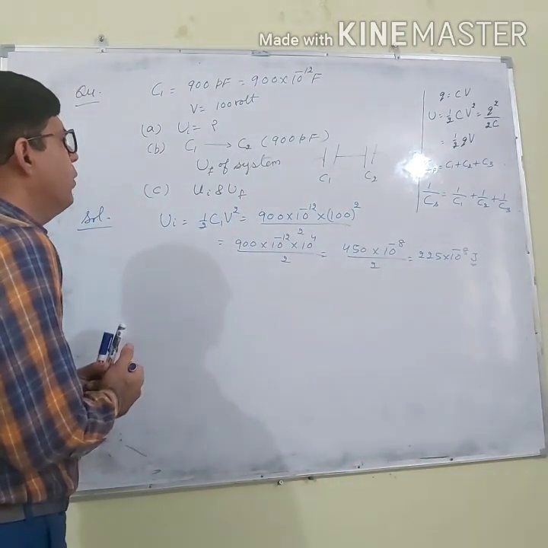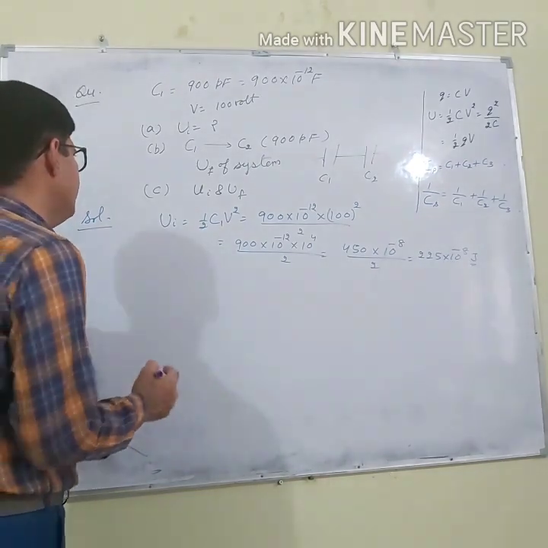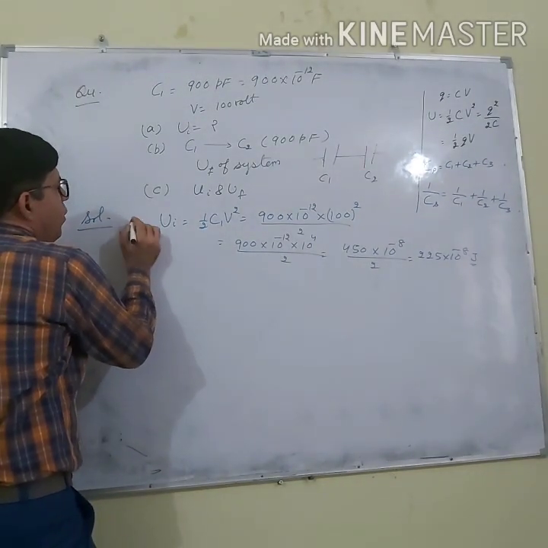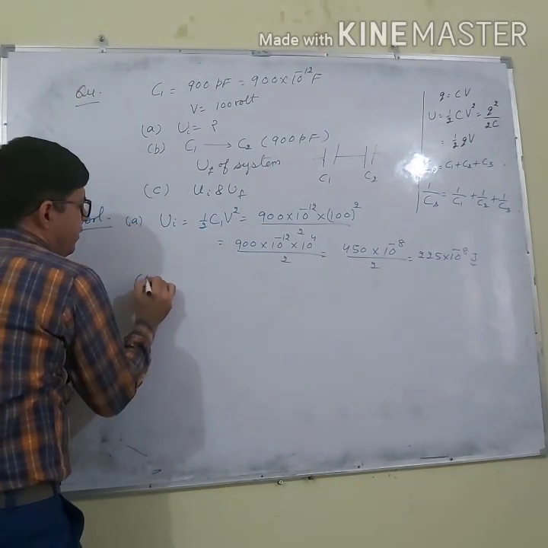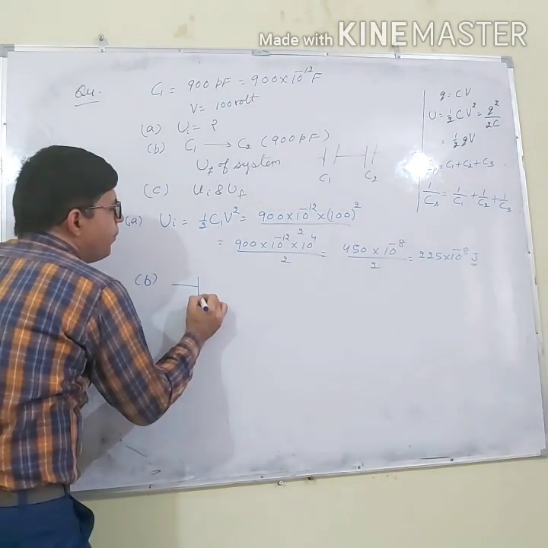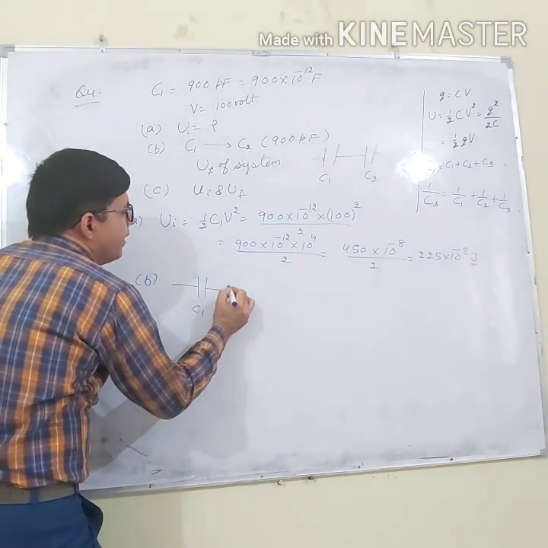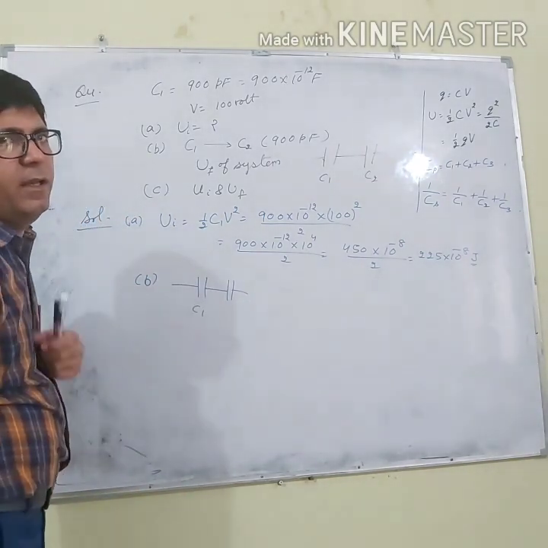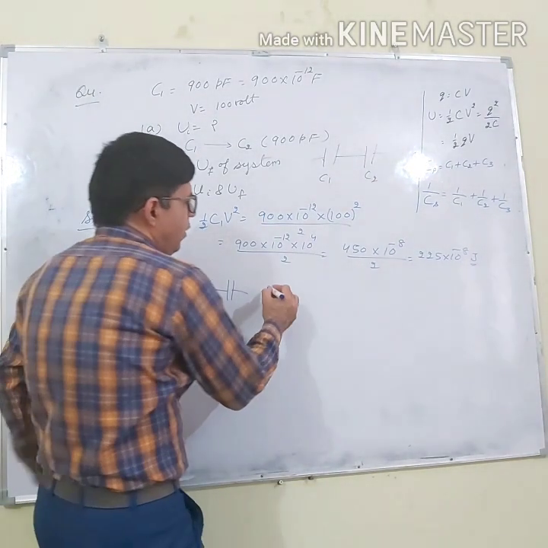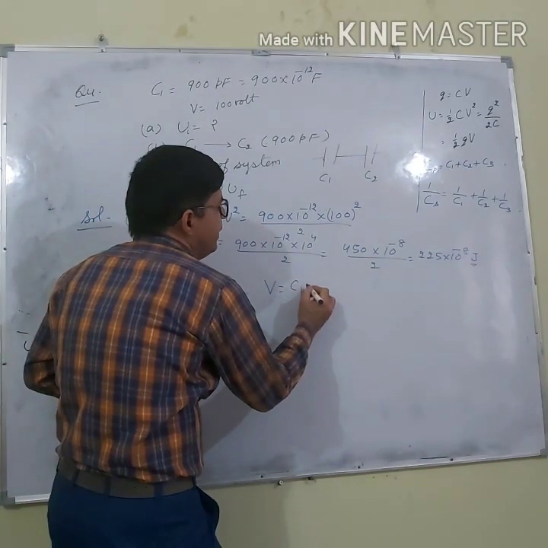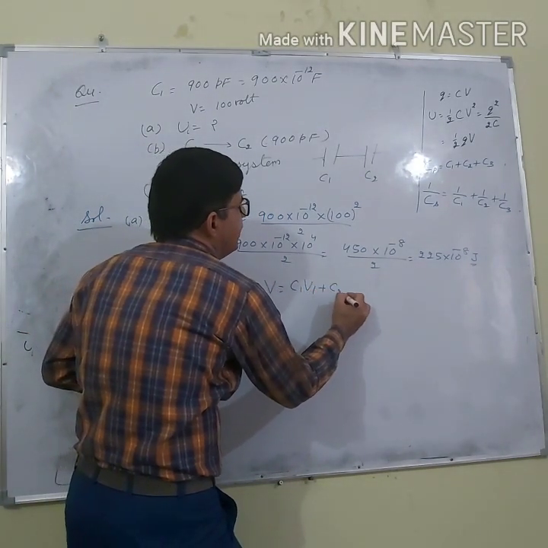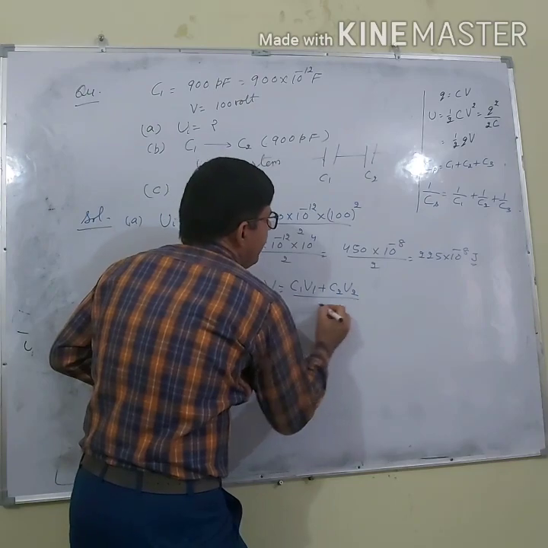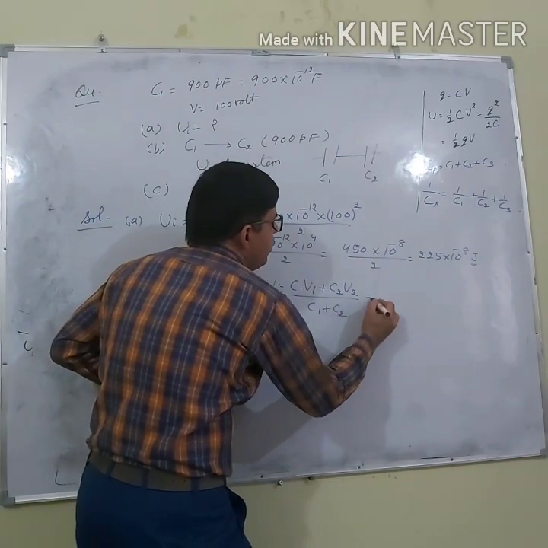So that much is the potential energy stored in the first capacitor. Now B is, if both the capacitors C1 and C2 are brought in contact with each other, then what will be the common potential? Common potential is given by C1 V1 plus C2 V2 divided by C1 plus C2.